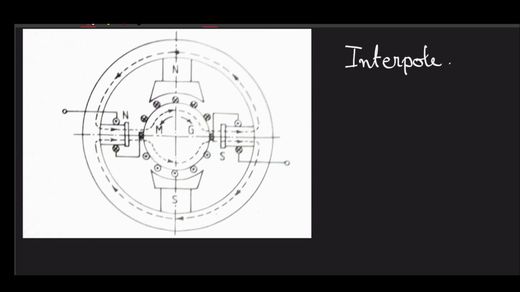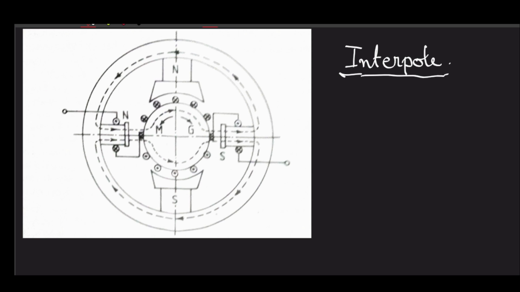These interpoles are placed at the interpolar region, and they try to reduce that kind of demagnetizing MMF of the armature, and accordingly there is no such shift of your magnetic neutral plane. The magnetic neutral plane still coincides with your geometric neutral plane.